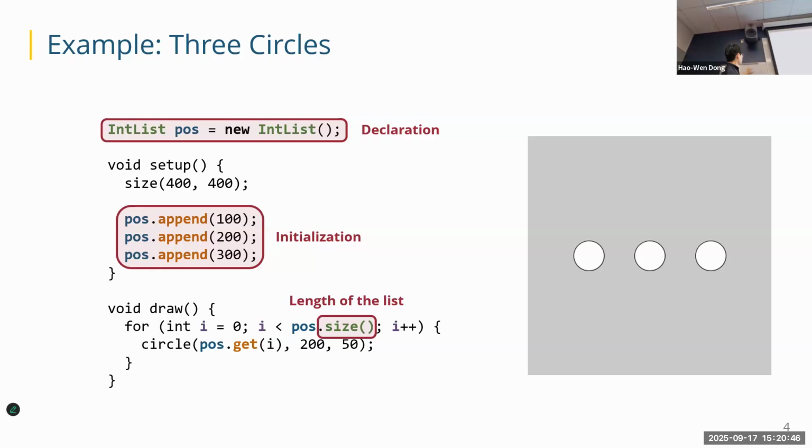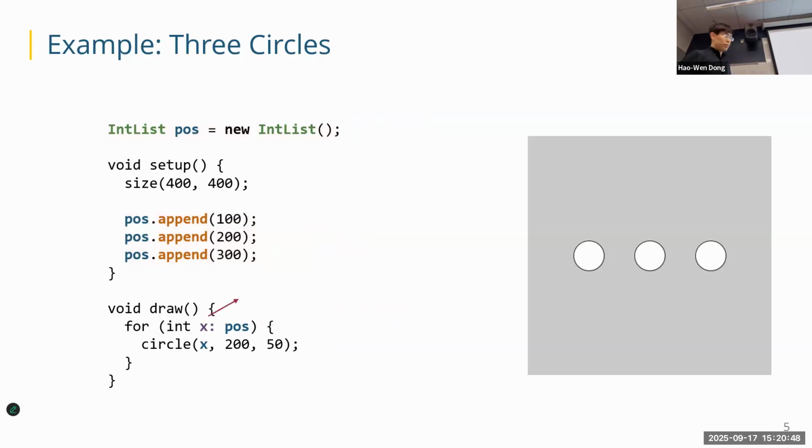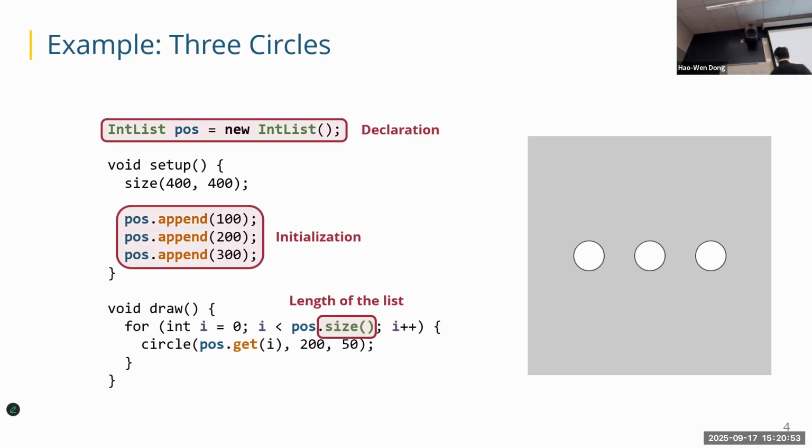And then to get a specific item, you can do position.get, so that you get the specific things. So this will be get 1, this will be get 2. Oh, actually 0, get 1, get 2. Everything is 0-based.